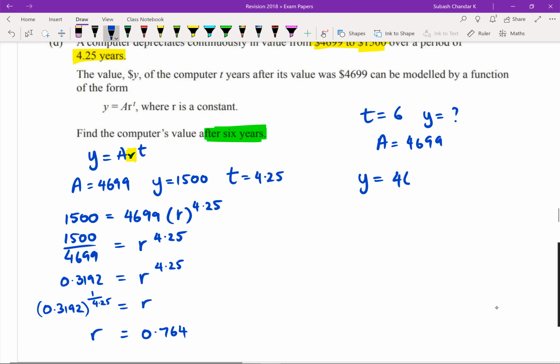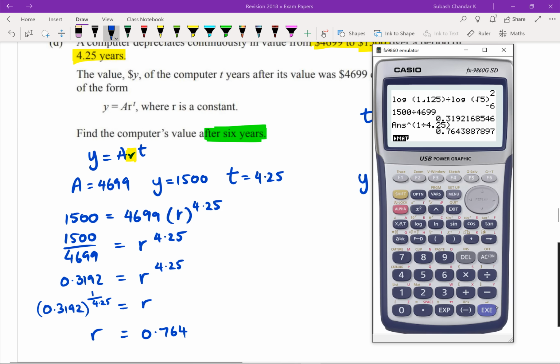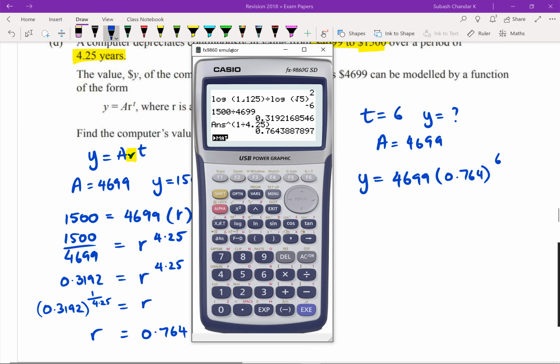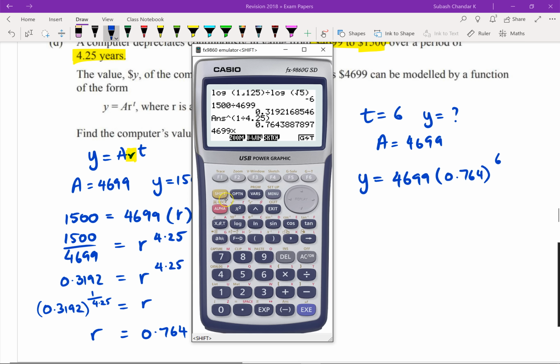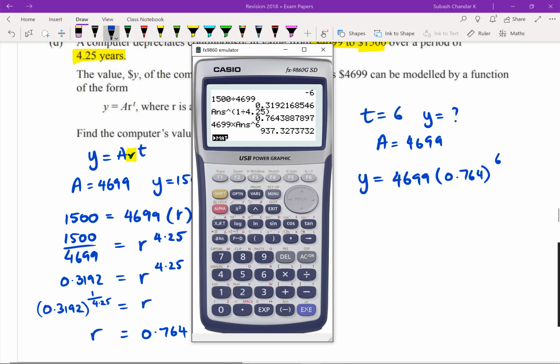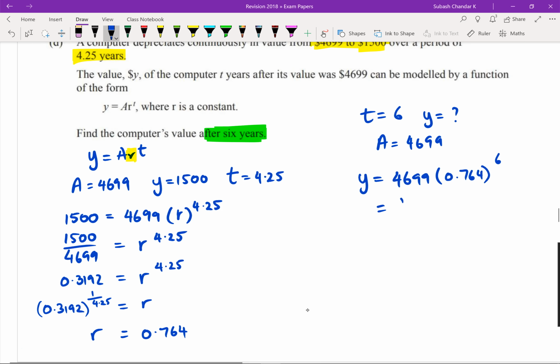So the equation is going to look like this: 4,699 multiplied by R, which is 0.764, to the power of 6. Okay, and so I get $937.32. And that's basically it for this question, guys.